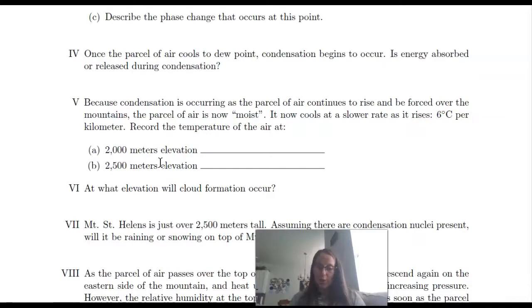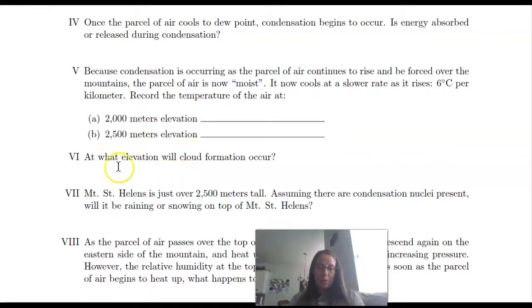I'm not going to do it because I think you can do it on your own. But basically it was at X degrees Celsius at 1,500. As it rises another 500 meters, what's it going to be if it only changes 6 degrees Celsius per kilometer? Okay? I'll let you figure these two out, and that should help you.